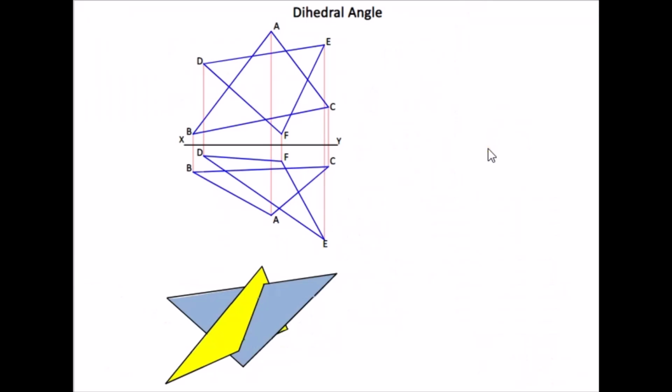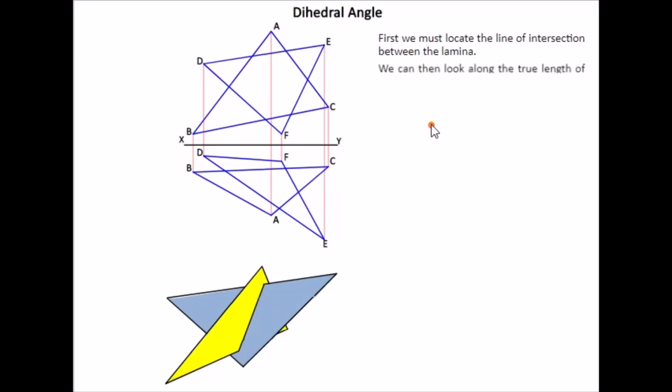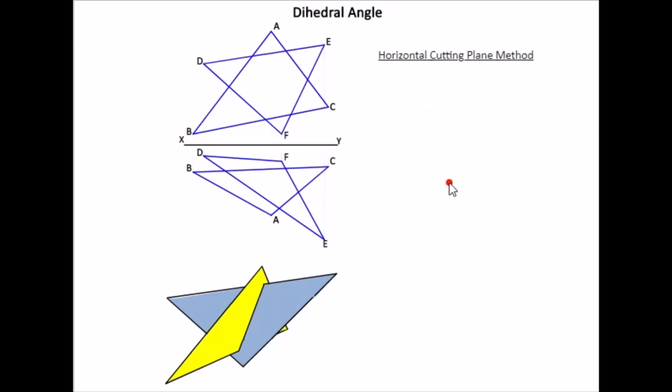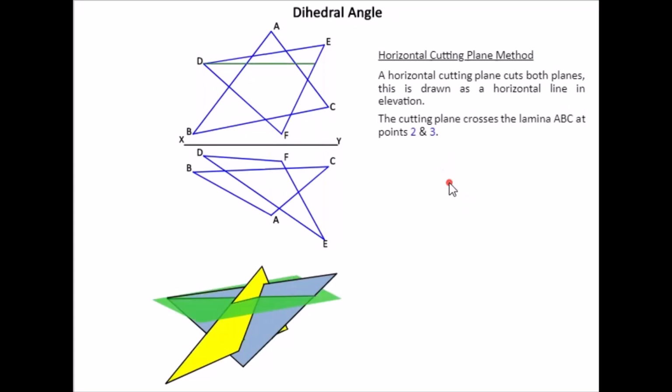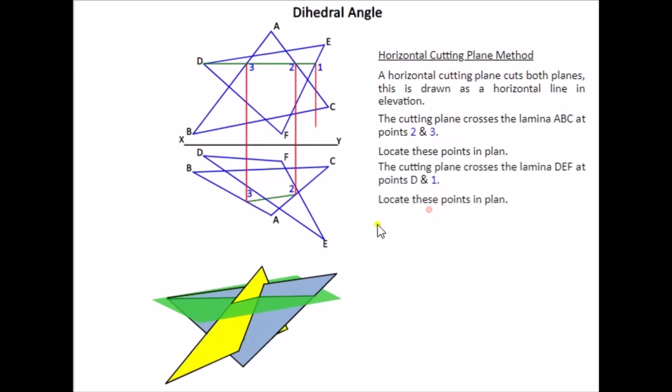Now this question again, find the dihedral angle. Quickly going through it, we'll notice there's no shared common edge or common point, so we need to take 2 slices. We slice through the 2 here, a slice across here, and draw it in plan.